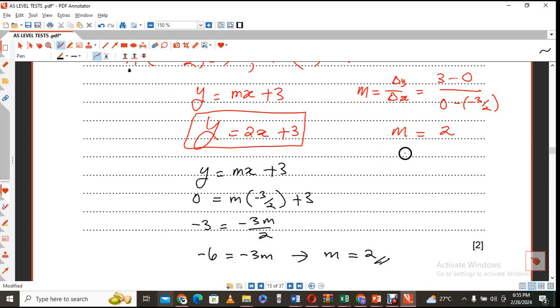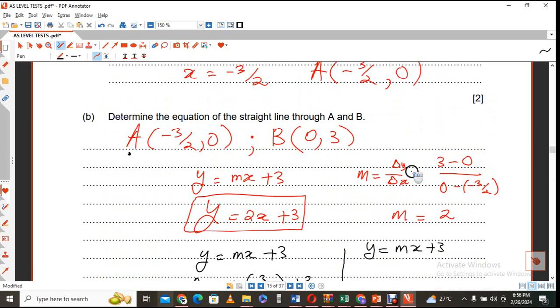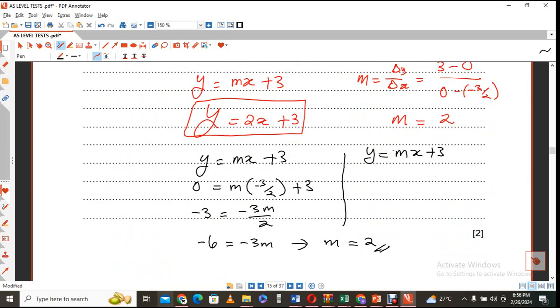So you can also do that, because again, you know what the y-intercept is, and you can simply do that. Would you get the same if you were to substitute the other point into y equals mx plus 3? Our other point, remember, was the y-intercept, the point 0, 3. So if you take 0, 3, y is 3, and that is m times 0 plus 3.